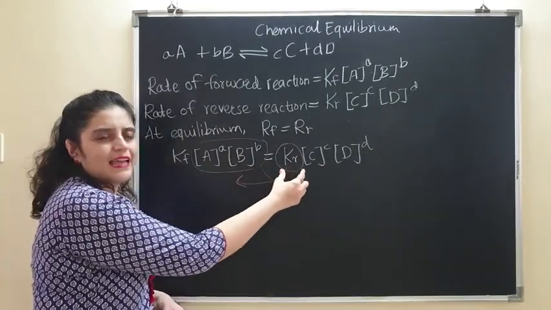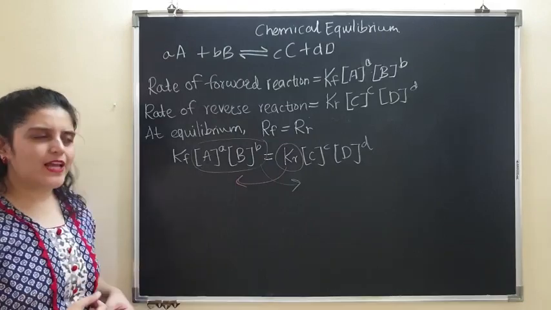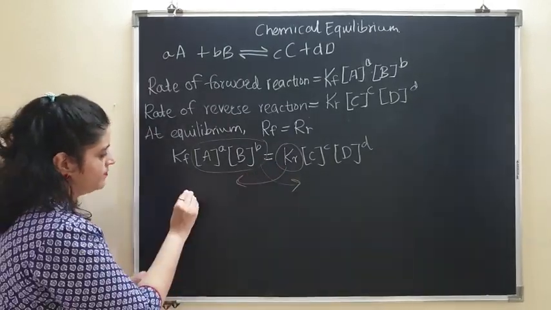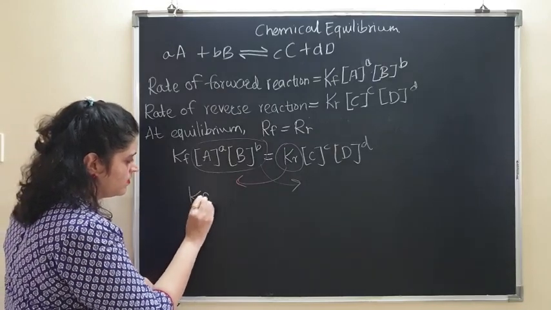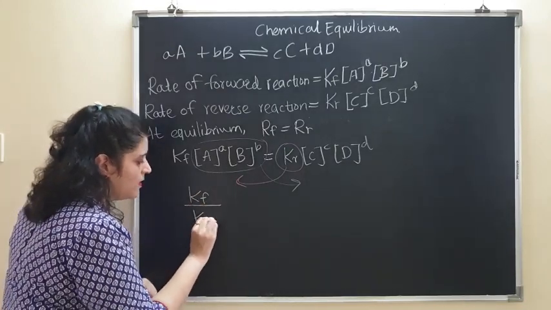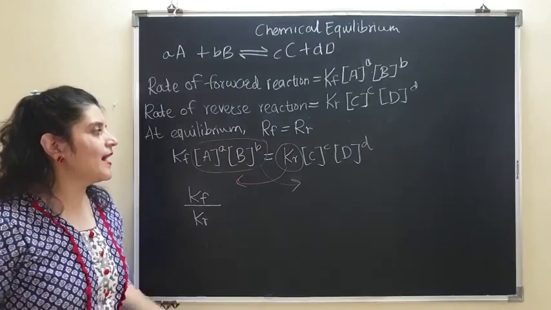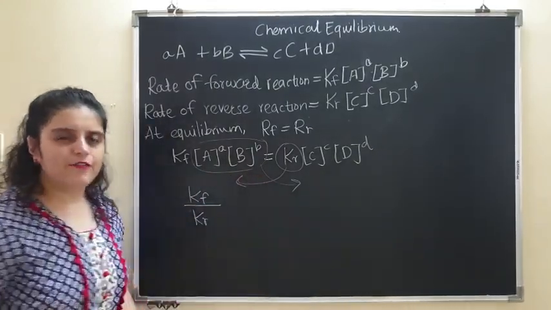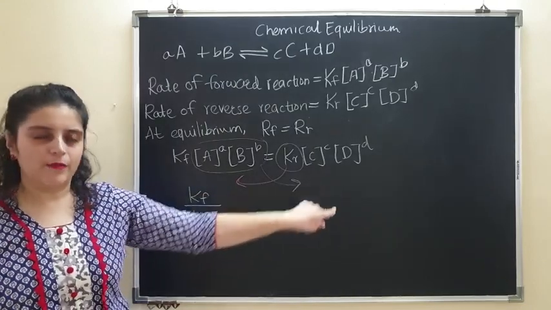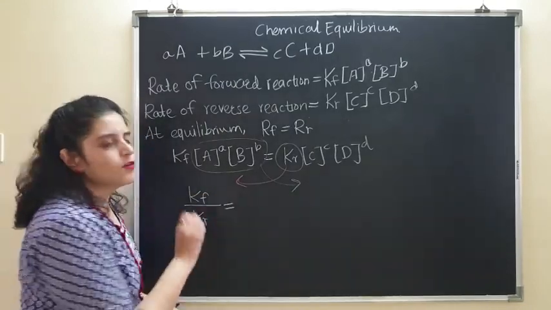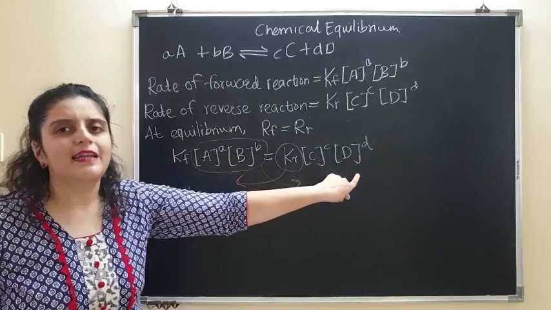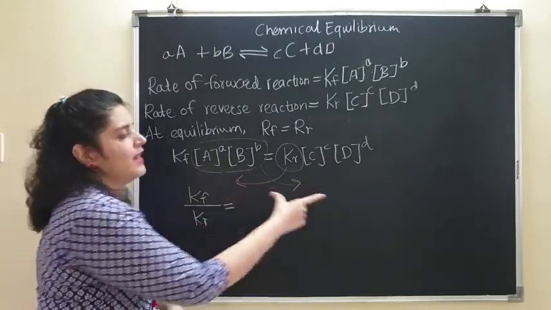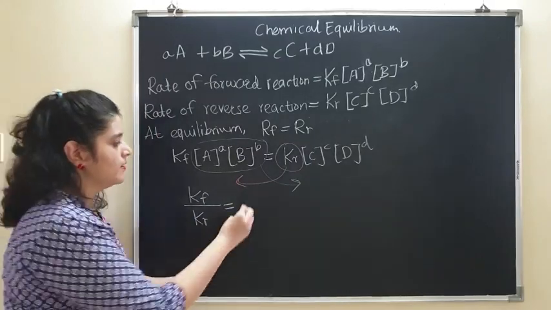So when this Kr comes to the left hand side of the equation, this will go in the denominator, Kf upon Kr. And when this A and B terms go to the right hand side of the equation, they will go to the denominator. So what is going to happen is [C]^c [D]^d divided by, like, denominator में [A]^a [B]^b.